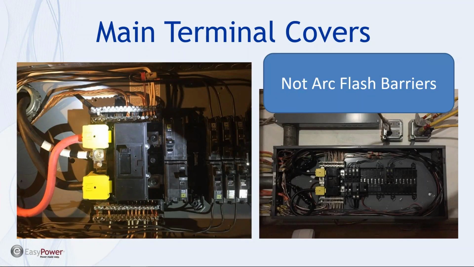In most cases, they're plastic covers that cover the terminal, and it's true that one of the most frequent sources of initiating an arc is inadvertent contact with live terminals. So there is some potential here for preventing the initiation of an arc, but in fact, if an arc were to be in this area, these barriers would not be an effective arc barrier. So just so you know.